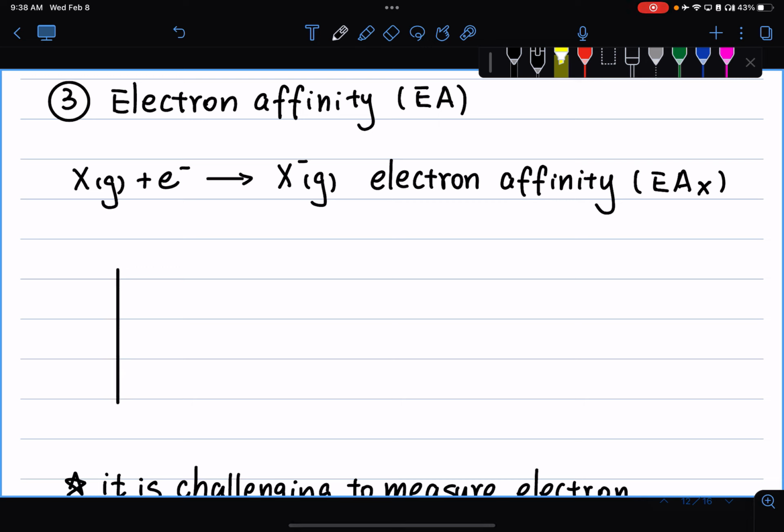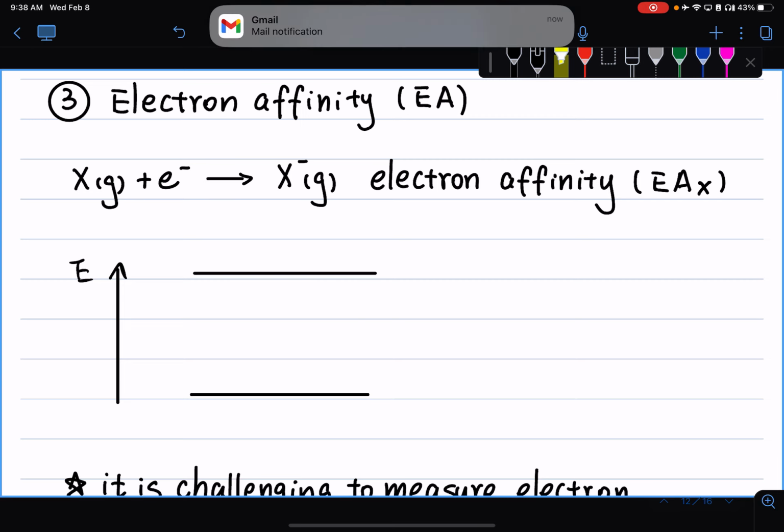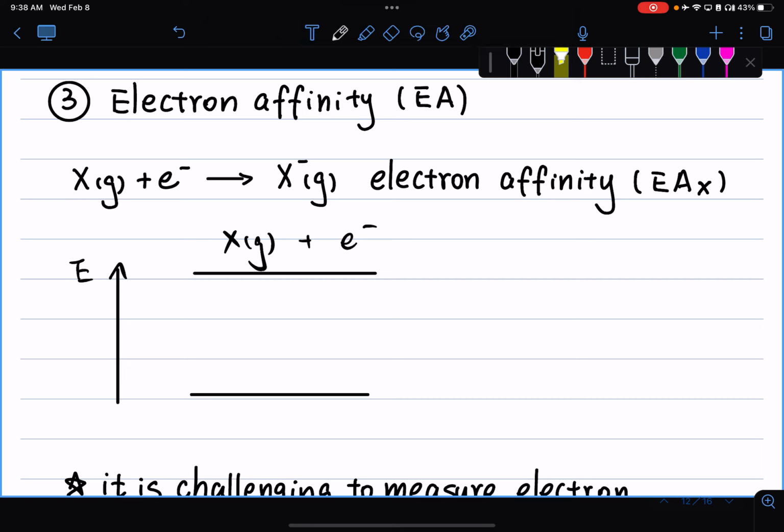Or if we draw it on the energy diagram, we're starting from a higher point where the neutral atom and electron are infinitely apart. The reason this is higher in energy is because you have the neutral atom and the electron infinitely apart.